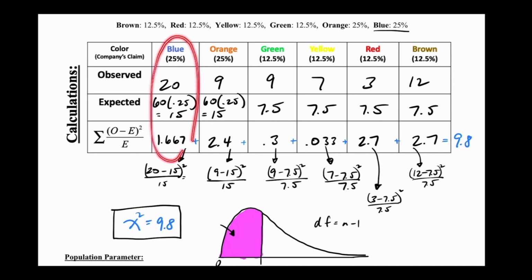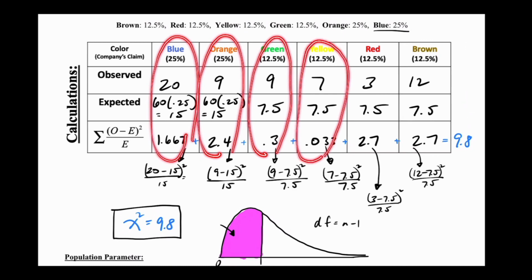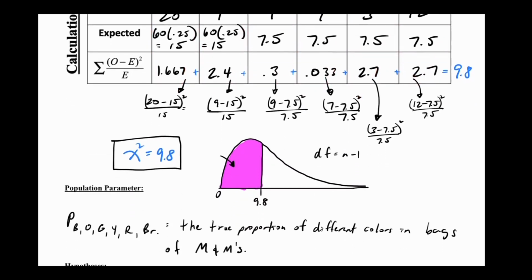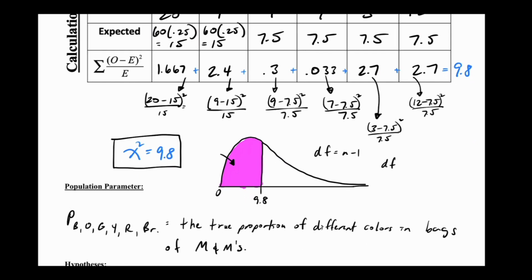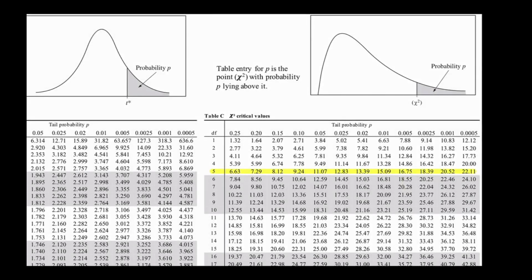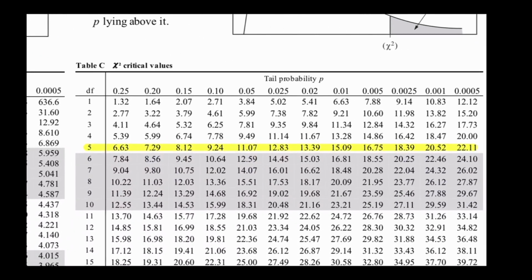So we have 1, 2, 3, 4, 5, 6 categories, 6 proportions. So degrees of freedom is going to be 6 minus 1, so 5 total. That's why I've highlighted line 5. Degrees of freedom is 5.